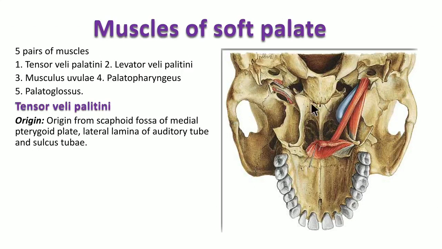This tube is present in a sulcus, which is between the petrous part of the temporal bone and the sphenoid bone. So it also originates from the sulcus tubae, from the lateral wall, and also from the spine of the sphenoid. This is your foramen ovale, this is foramen spinosum, and behind that you see the spine of the sphenoid.